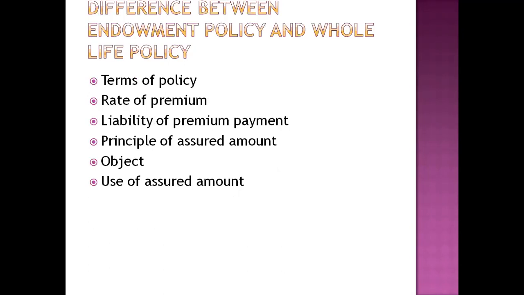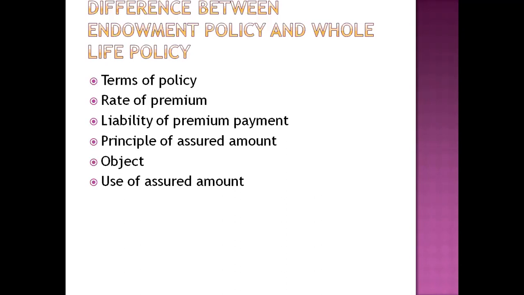Then we have a very important question for 4 marks: the difference between endowment policy and whole life policy. The first point of difference is the term of the policy. The term of an endowment policy is fixed by both parties and is generally less than that of a whole life policy, but in a whole life policy the term is very long, even not known by the insured.